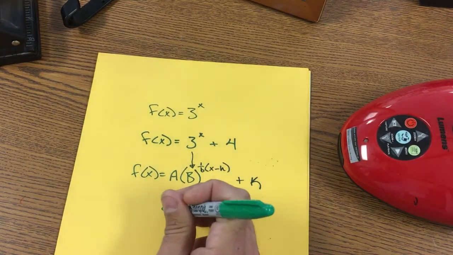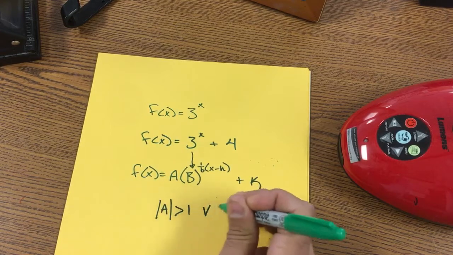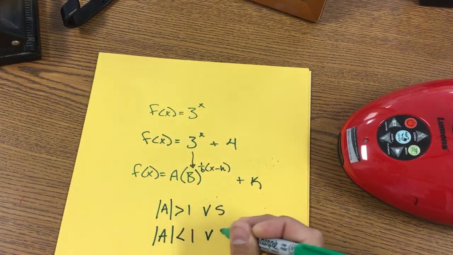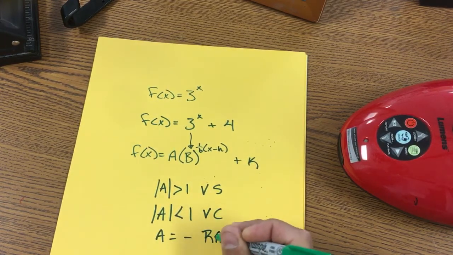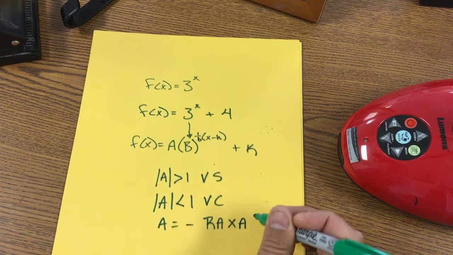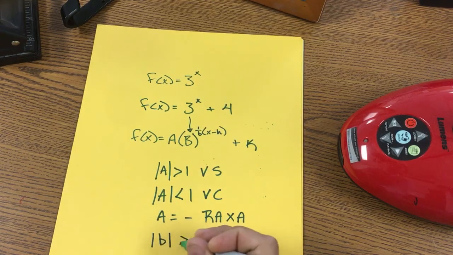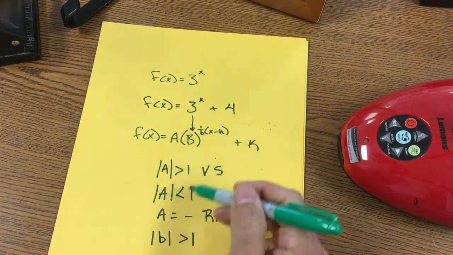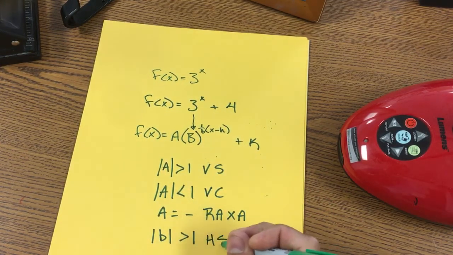So remember, A, if the absolute value of A is greater than 1, it's a vertical stretch. Absolute value of A is less than 1, it's a vertical compression. If A is a negative, it's reflected across the x-axis. B, if the absolute value of B is greater than 1, and remember it's 1 over B, so this would look like 1/2 and B would be 2, then it's horizontally stretched.